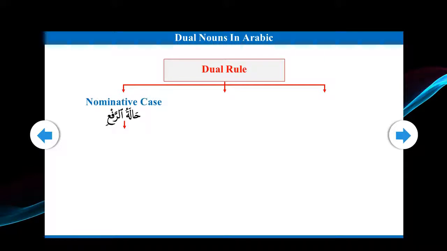In the nominative case, حالة الرفع, the dual is formed by adding to the singular noun the suffix: fatha on the last letter and then alif, and after that noon with kasra.